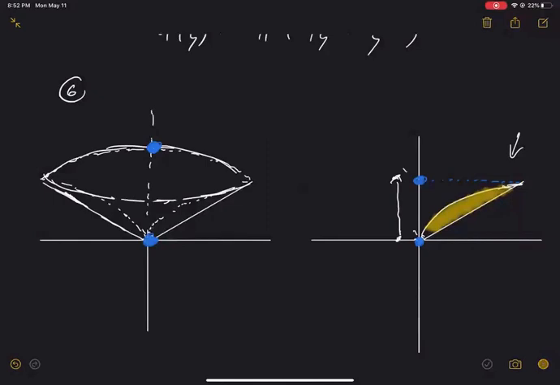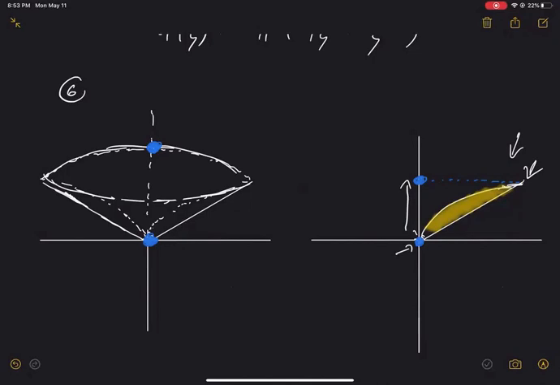So what are these points? This blue dot is at the origin, but more generally, it's where these two curves intersect. Then we integrate until we get to this blue dot, which is where these curves intersect again. Why is that?